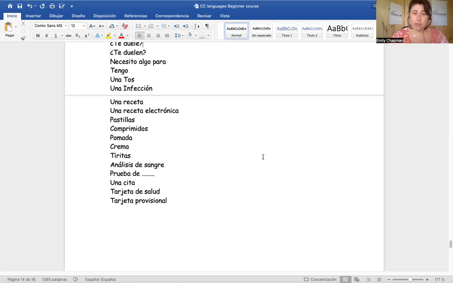Una receta electrónica, pastillas, comprimidos, pomada, crema, tiritas, análisis de sangre, prueba de, una cita, tarjeta de salud, tarjeta provisional. Muy bien.